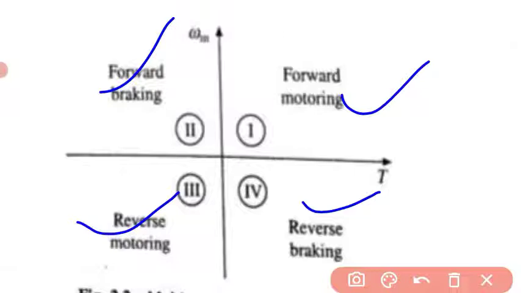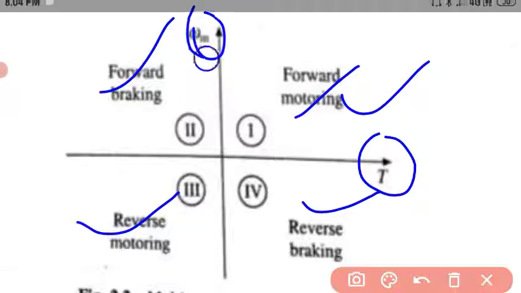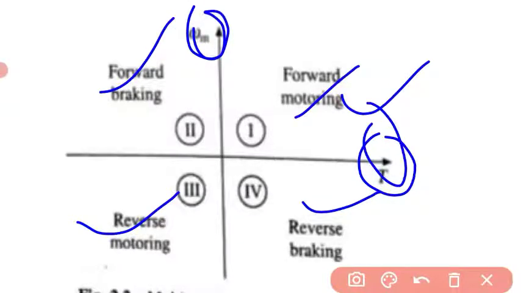Here, the power developed by the motor is given by the product of speed and torque. I repeat, the power developed by the motor is given by the product of speed and torque. In quadrant 1, the product of speed and torque is positive, because it falls under the first quadrant, hence it is called forward motoring.